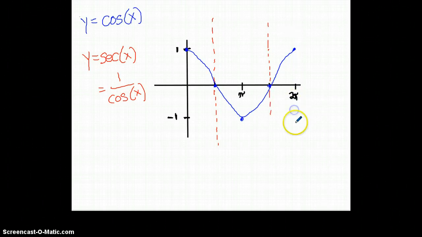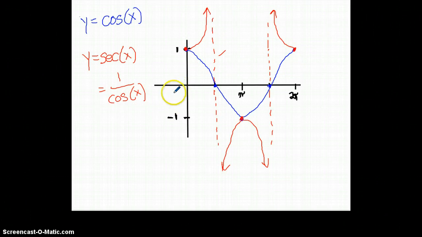It'll have a vertical asymptote. Wherever cosine of x is 1, secant of x will be 1. Wherever cosine of x is -1, secant of x will be -1. So you see the pattern here. I'm drawing these kind of opposite, right? This goes up this way for the cosine graph, and the secant graph goes down this way, but you can see it's the same pattern.